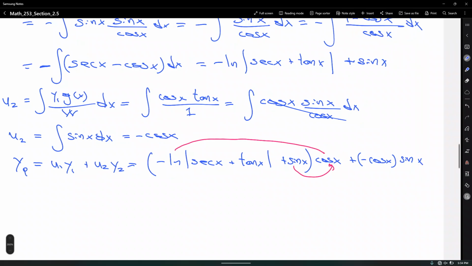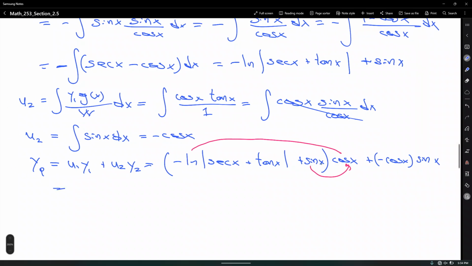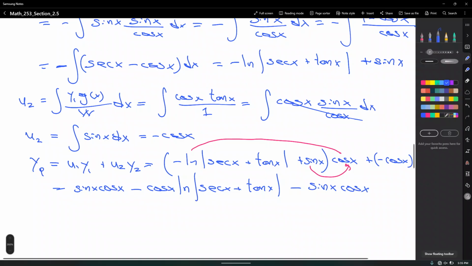So this will be equal to sine x cosine x, and then minus cosine x times the big ln of secant x plus tangent x, plus minus, that makes it a minus sine x cosine x.